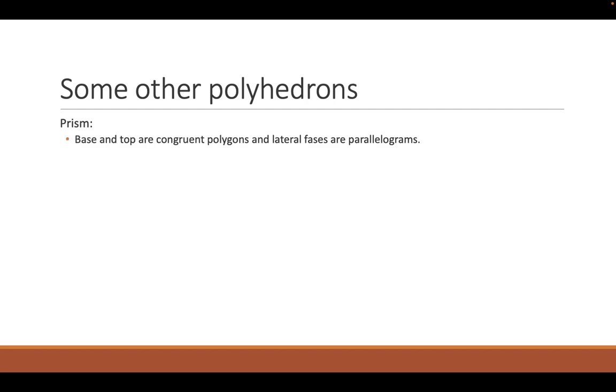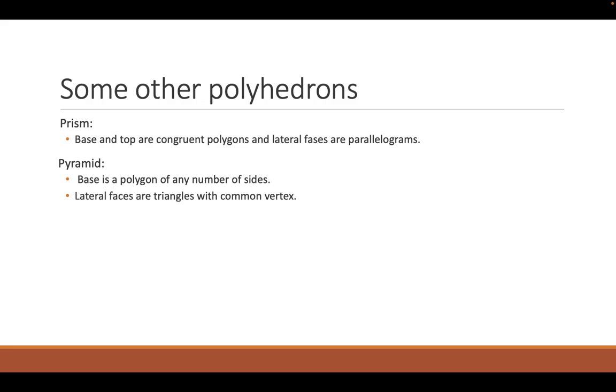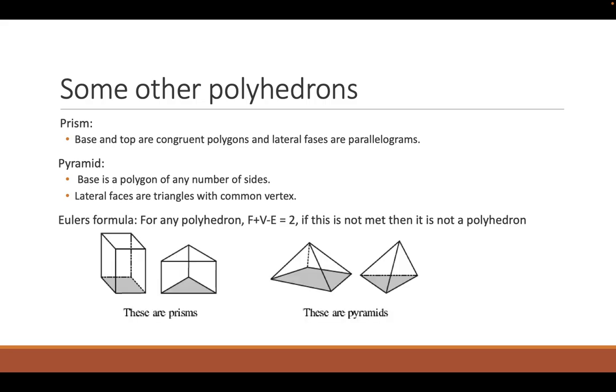Prism is another example. Pyramid, we will understand what it is. So this is called a prism. What is a prism? Base and top are congruent polygons. Lateral faces are parallelograms. So the base can be any kind of regular polygon, and the faces have to be parallelograms.